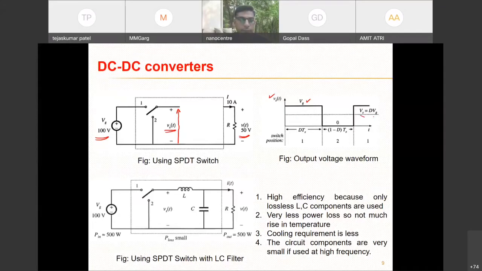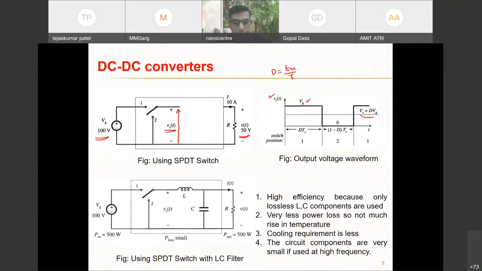For a certain time I keep the switch at position 1, then this is the waveform, and then position 2, and at a certain frequency I repeat the same process. So this is my output voltage, but it is this kind of voltage. So this is not the DC that I want, right?